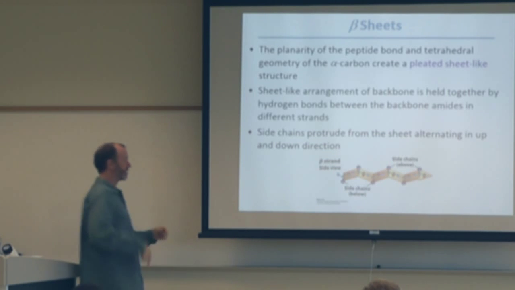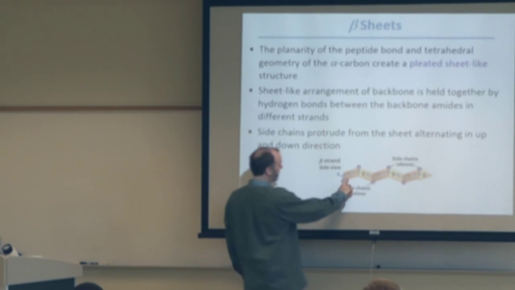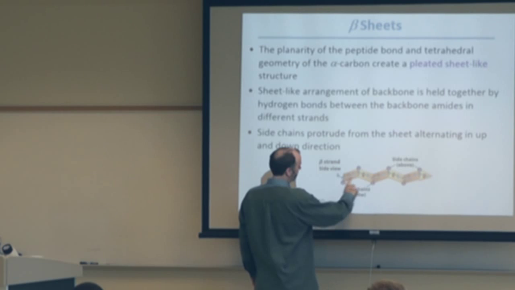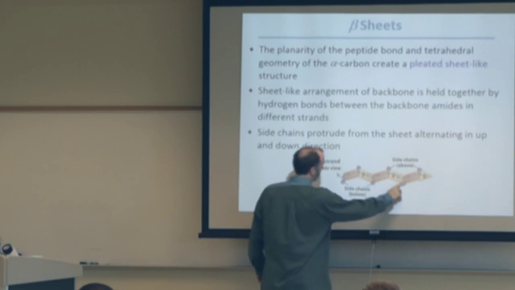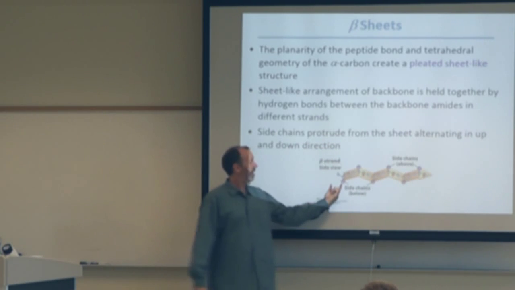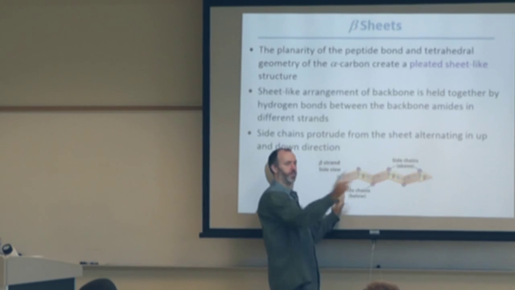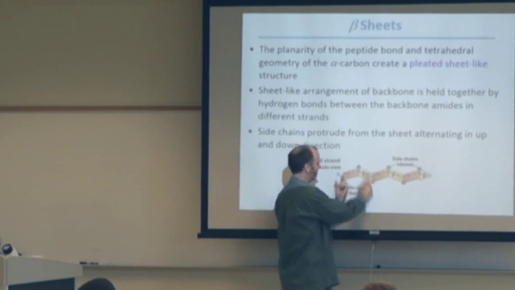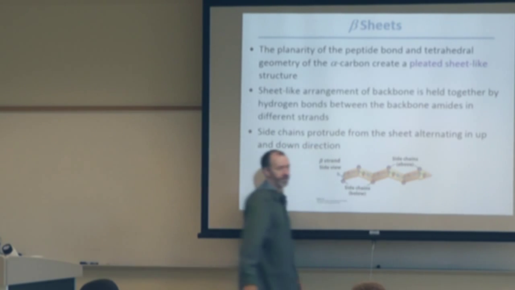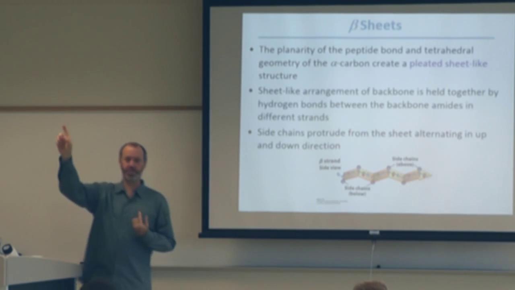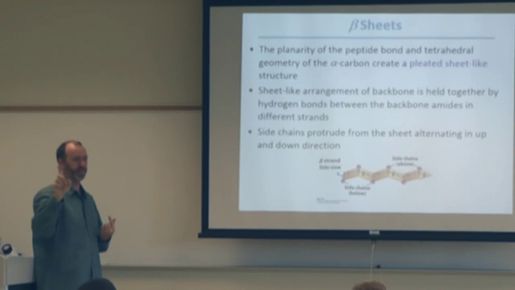It's kind of like that pleated structure. These are the peptide bonds, planar like this. And if you notice on the pleated sheets, the R groups project up and down, rotating back and forth, so they project away from the pleated sheet at about 90 degrees.